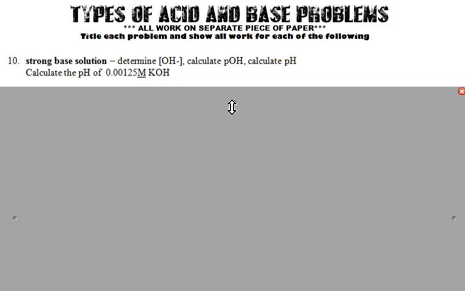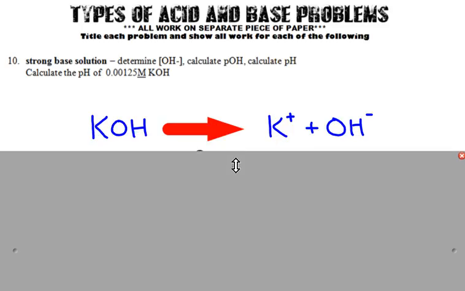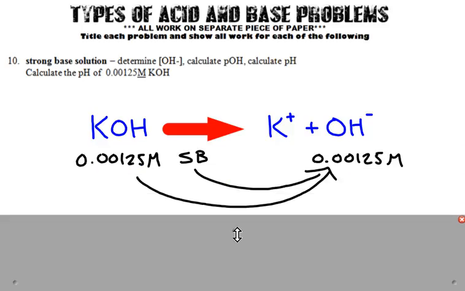Strong means that it completely goes to the right. So when I'm looking at a formula like this, I'm assuming that KOH is going to go completely to K plus and OH minus. Because it's strong, it will be a much easier problem for us. So what we do is we just assume, and I'm not going to write all of this on my normal problem, but the strong base, SB, it's meaning it's going all the way to the right.